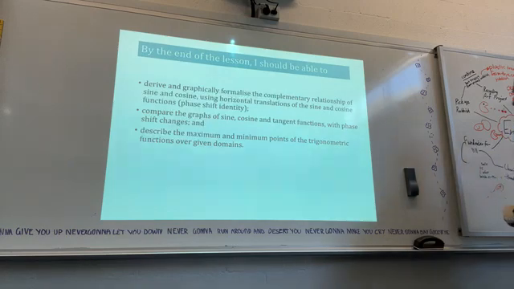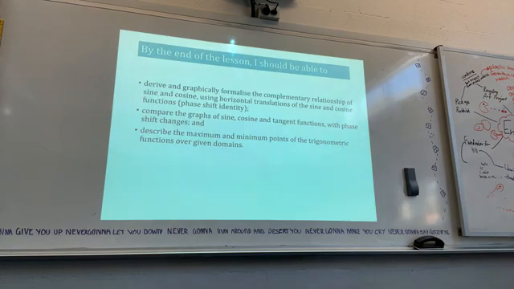Now, we need to be able to derive and graphically formalize the complementary relationship of sine and cosine using horizontal translation of the sine and cosine functions. This is called the phase shift identity. By doing so, sine can become cosine, cosine can become sine.